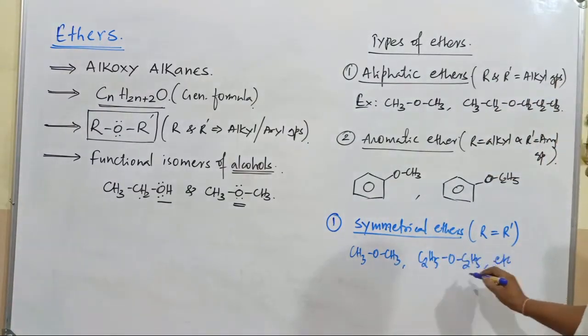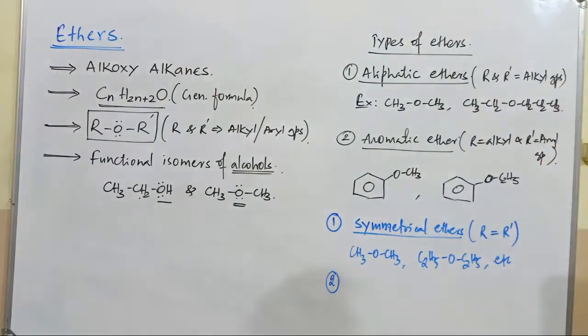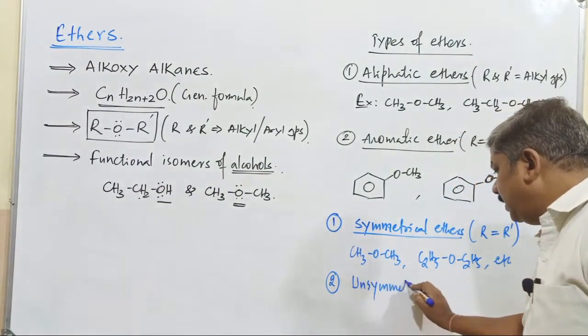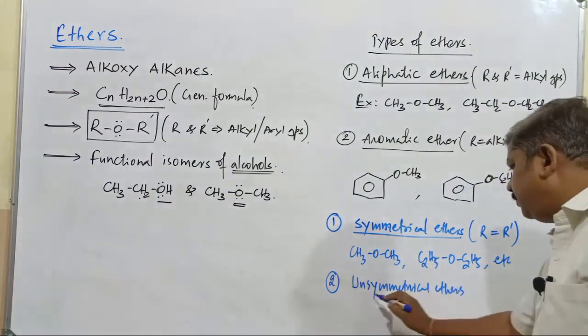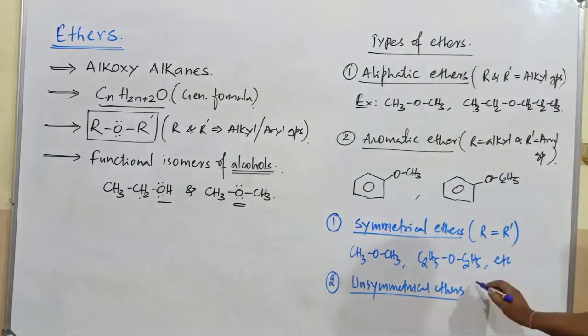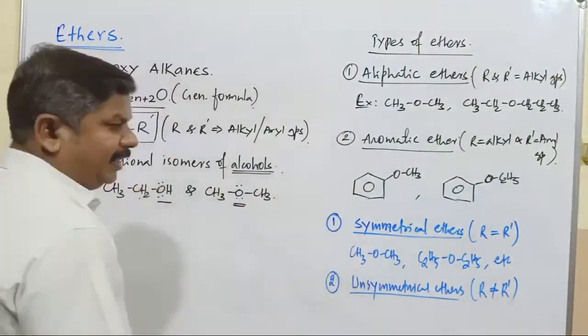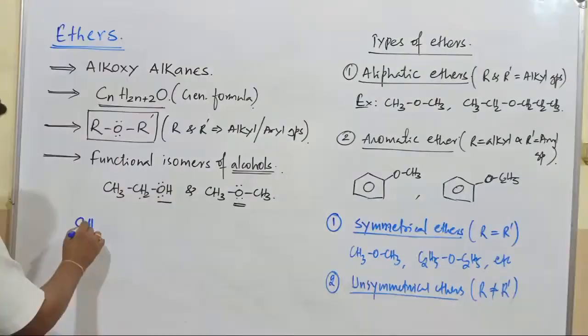If both the alkyl groups are the same, it is known as a symmetrical ether. Next one is unsymmetrical ether. Unsymmetrical ethers are those compounds where the R group is not equivalent to the R' group. If R and R' are not the same, then it is called an unsymmetrical ether. You can take the example as mentioned here. I think that is not visible.